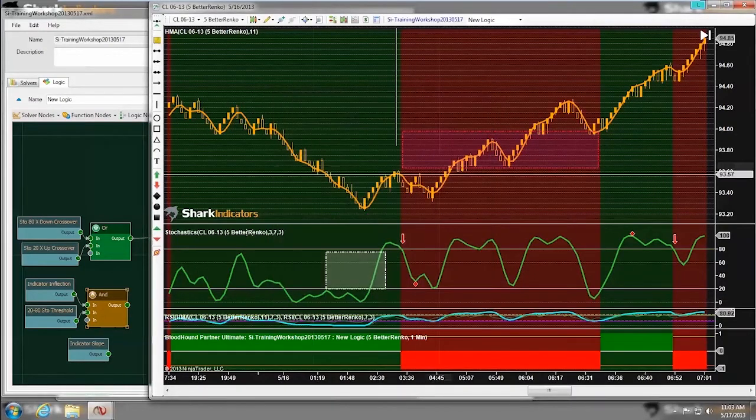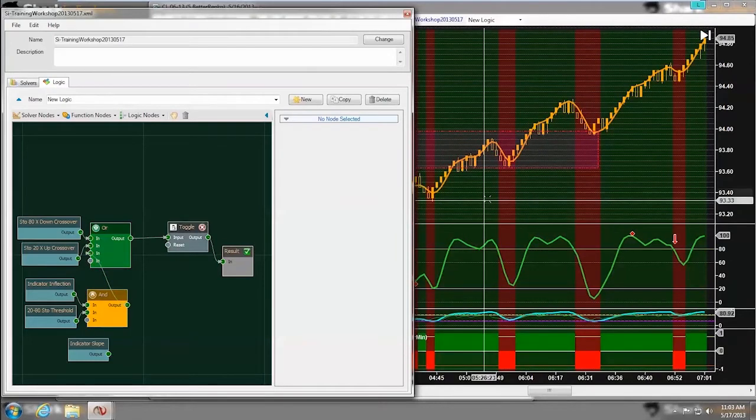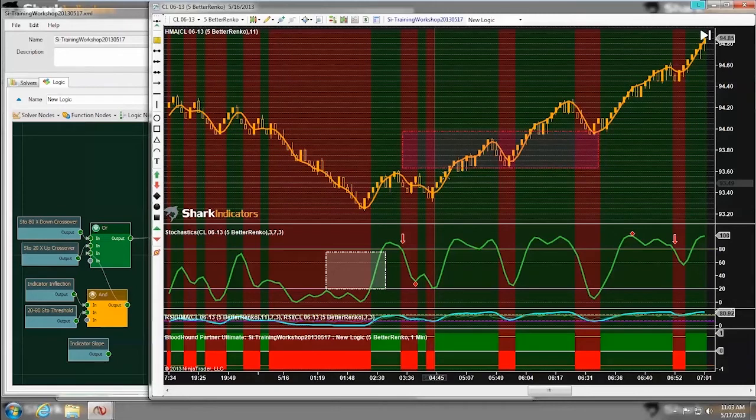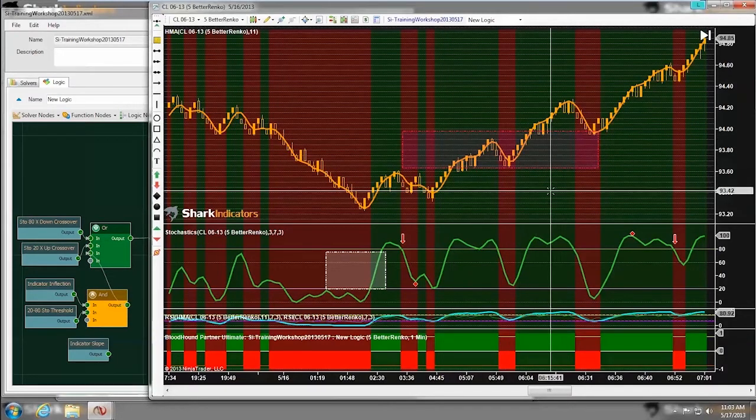There we go, so that was all short. And now when we connect this in, there, we converted most of it to our long bias. So that works a lot better.